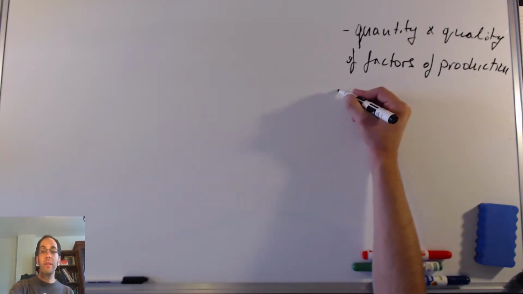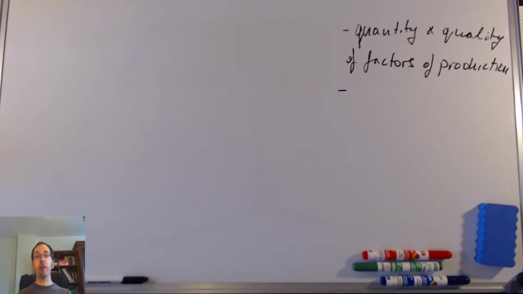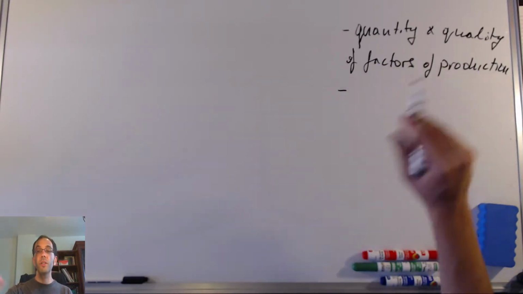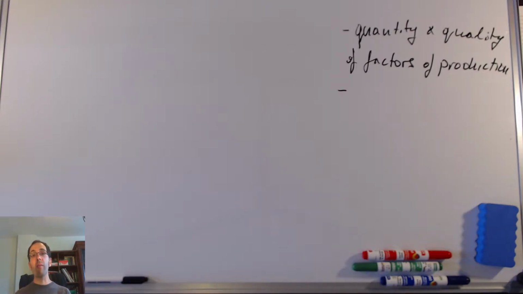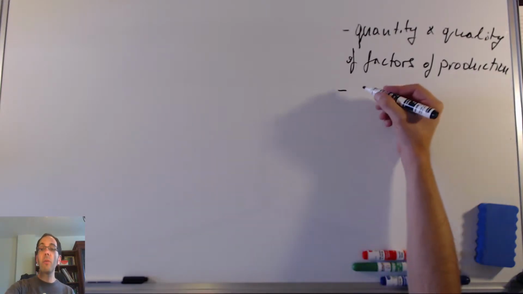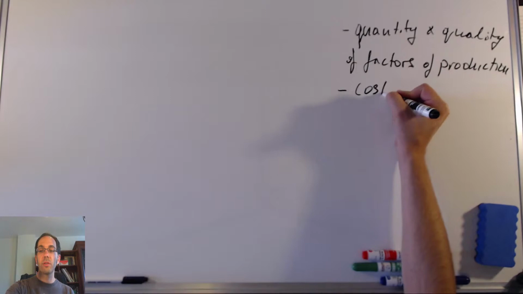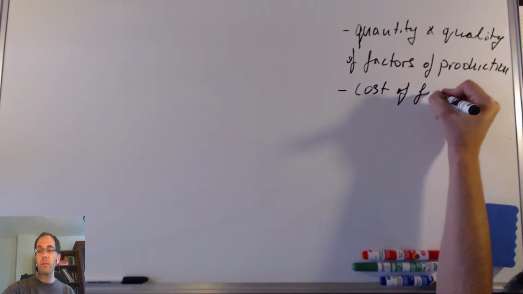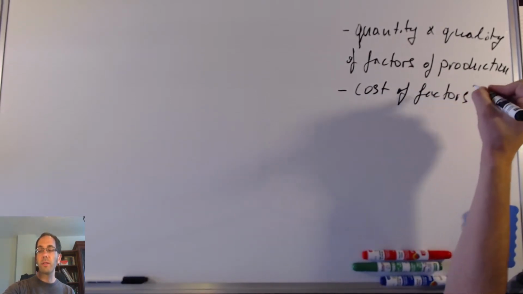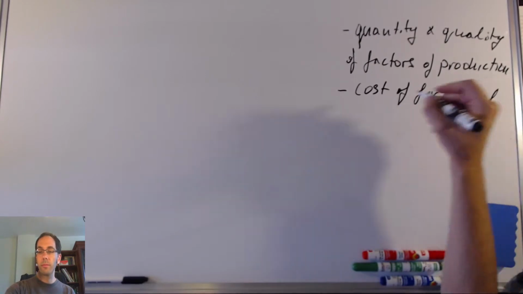The second one that will have effect on the supply would be the cost of the factors. Actually, we looked at the quality and quantity, how available these factors are. Now we'll look at the cost of factors of production.